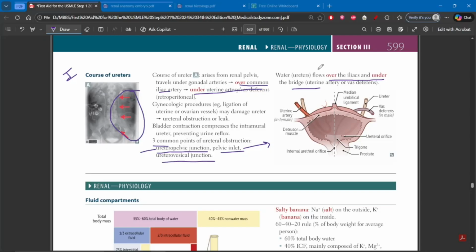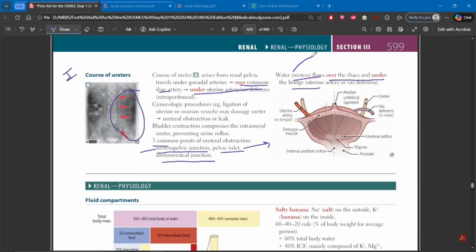By bridge, they're calling either the uterine artery in females or the vas deferens in males, and they're saying that the ureters flow over the iliacs and under the uterine artery or vas deferens. So these structures can be damaged during any surgery of the ureter, or the ureter can be damaged during any surgery of the uterine artery, the vas deferens, or the iliacs.